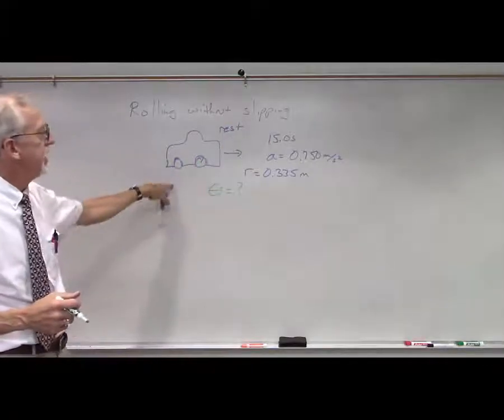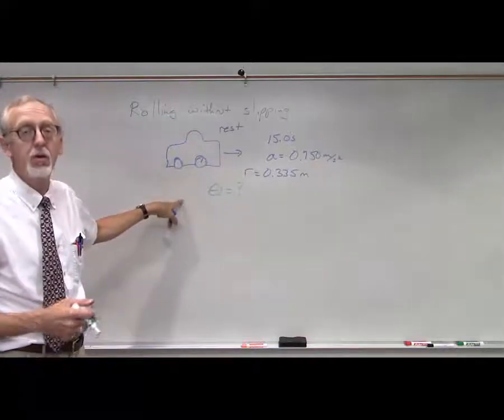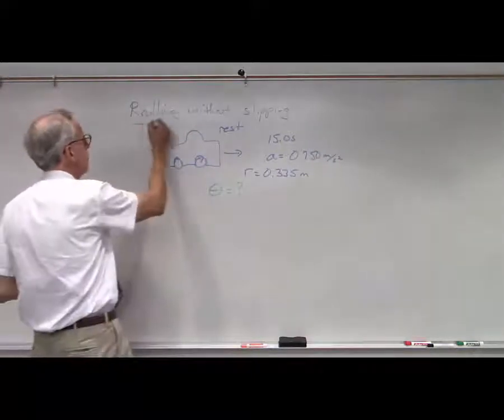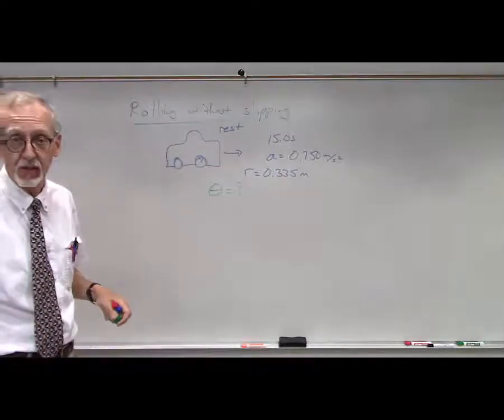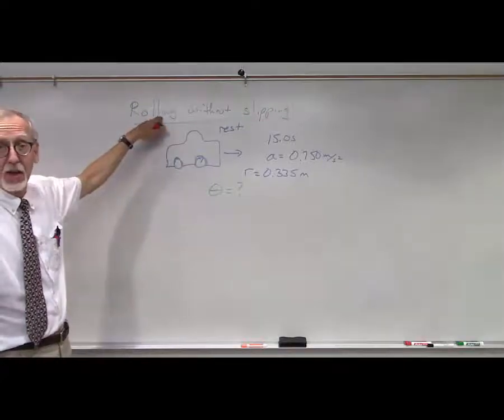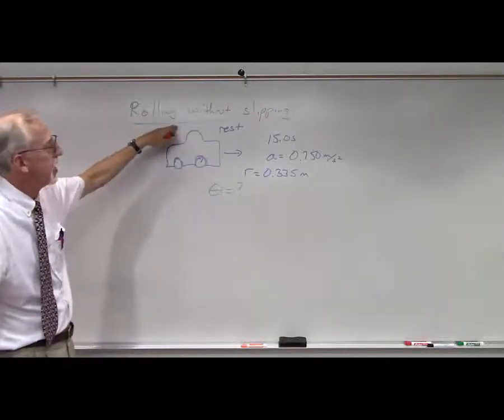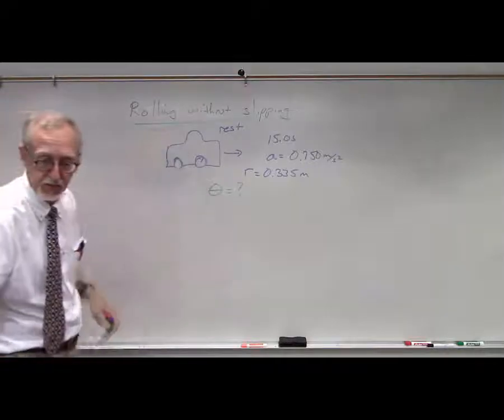So we are relating translational quantities with rotational quantities. And we have to assume to answer this that the tires are going to roll without slipping. Well, if they're rolling without slipping, we know then that we have that relationship that the translational velocity must equal r times the angular velocity.